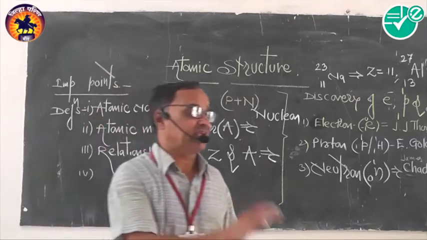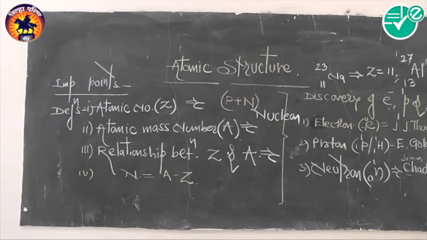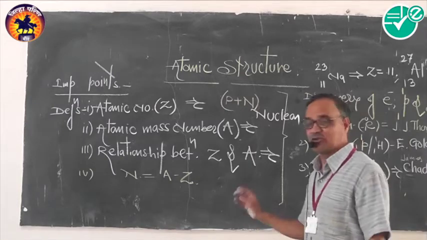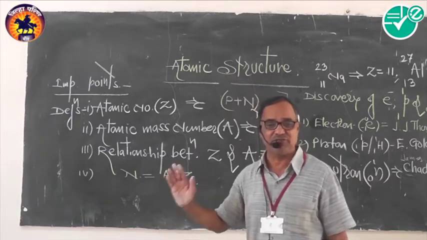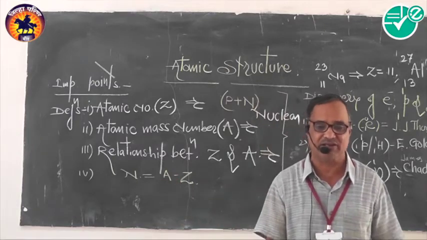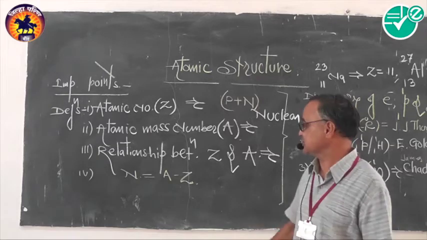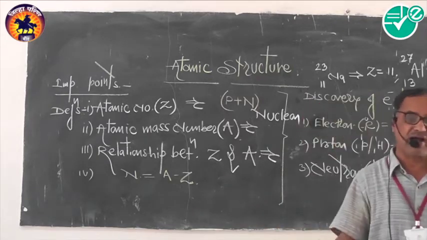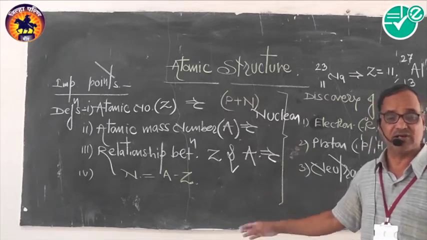So, subtracting atomic number from atomic mass number gives the number of neutrons present in the nucleus of an atom of an element. The number of neutrons is equal to the atomic mass number of an element minus the atomic number of an element.